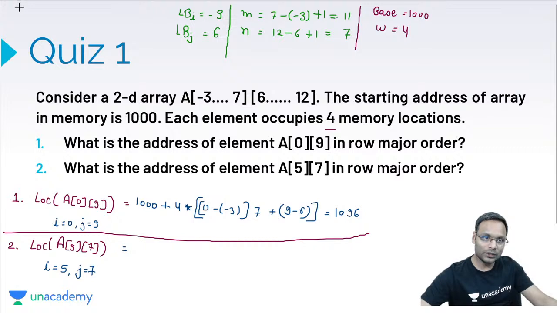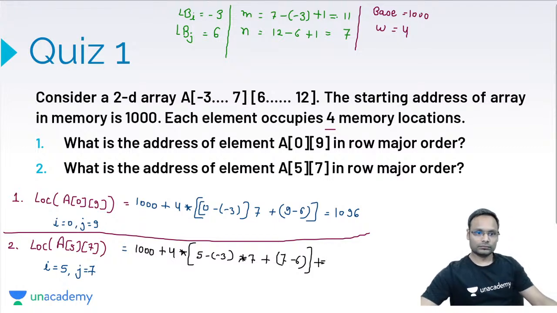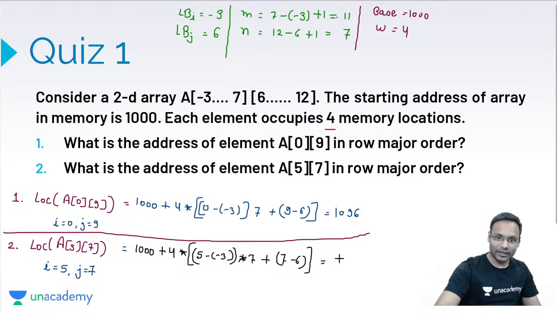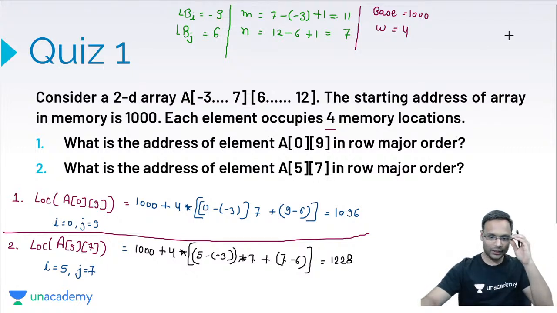It will be equal to 1000 plus 4 into (5 minus -3) into 7 plus (7 minus 6). 5 minus -3 is 8, into 7, 56 plus 1, 57. 57 into 4, 228. So it will be 1228.